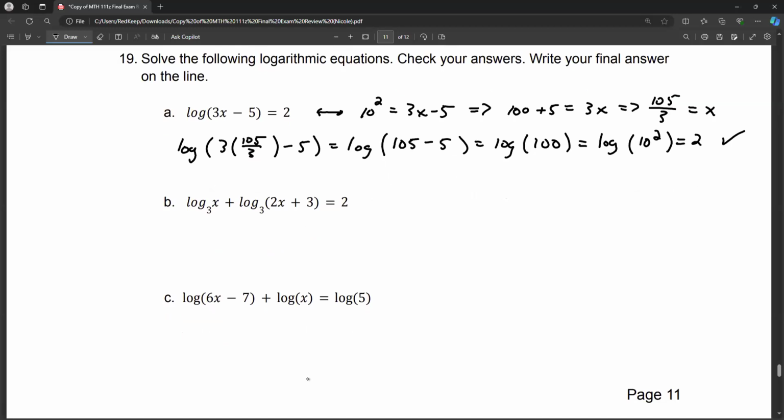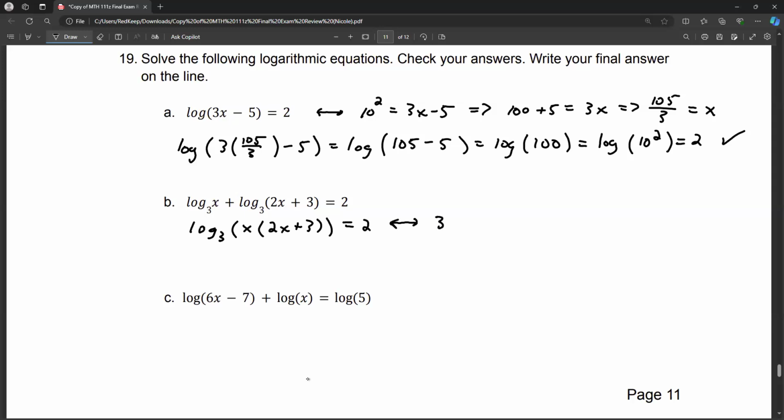Okay, in part B, it's a little bit more complicated, isn't it? So right away, let's go ahead and apply the property. Since there's the same base of 3, and we're adding in between, we know we can combine those arguments with multiplication. So I'll write the first argument times the second argument, and this is equal to... And so here, I would probably go right away to exponent form, right?